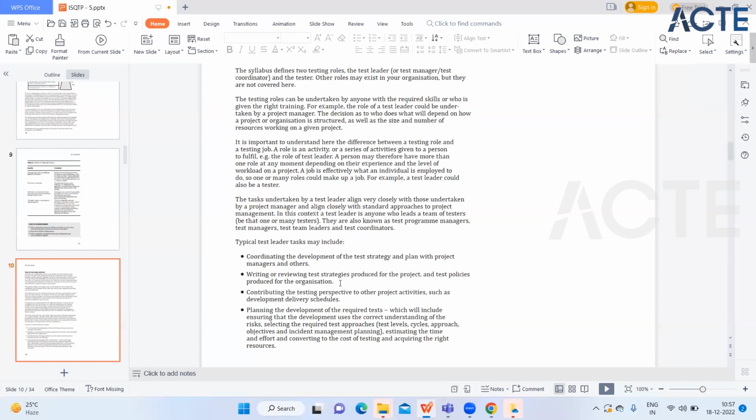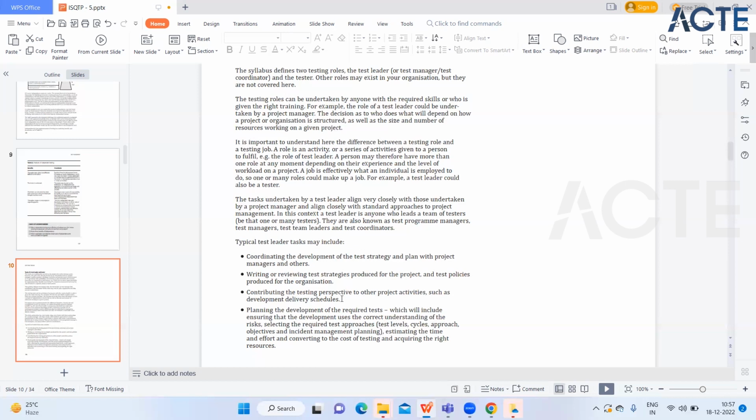After that, they give their sign off, and then the testing team should start testing, contributing the testing perspective to the other project activities such as development and delivery schedules. So they have to check everything, like what is the release date for this particular piece of code, how many testers should be involved, and what the test plan is. So everything the test lead should review and check.